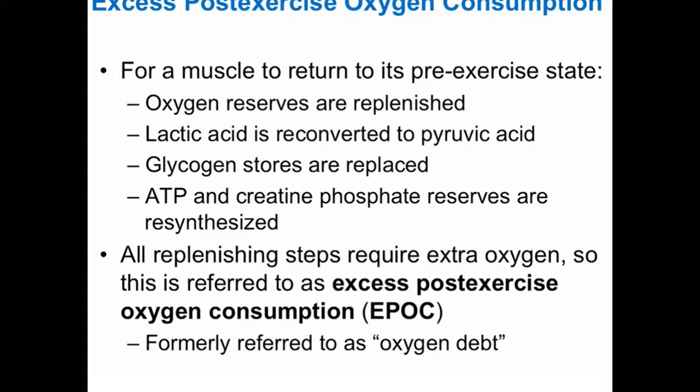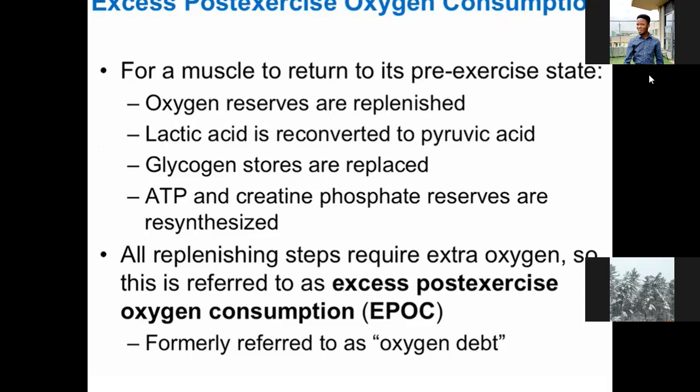On the other hand, for somebody who did a 100-meter dash, they had a buildup of pyruvic acid, a buildup of lactic acid. This lactic acid goes to several tissues. Now it has to be reconverted to pyruvic acid, and when it is reconverted, the pyruvic acid has to go through the Krebs cycle and finish the process that had been initiated.